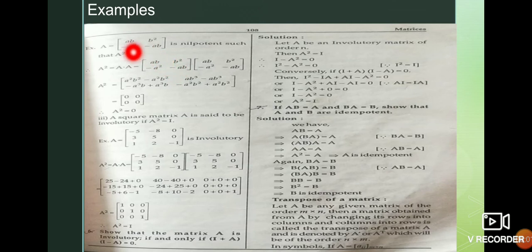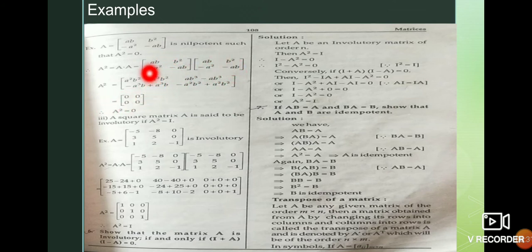To prove that A square is equal to 0, that is A into A, after multiplication all the elements of the matrix should be 0. Then it is a nilpotent matrix. Proof, solution. We know A is equal to this matrix, and A square is equal to A into A, this matrix times this matrix.